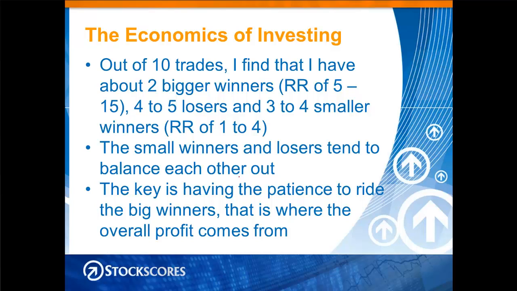Let's continue on with some of these economics. Out of 10 trades, for me personally, I often find I'll have 2 bigger winners, which are stocks that make me anywhere from a risk reward of 5 to even 15. And out of those 10, I'll have 4 or 5 relatively small losers and 3 or 4 smaller winners, where the risk reward is only 1 to 4.